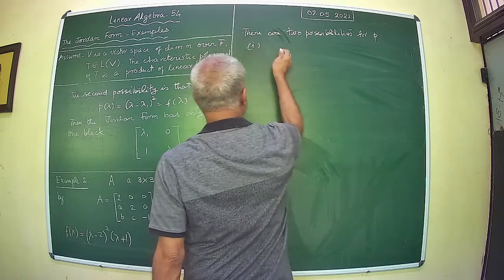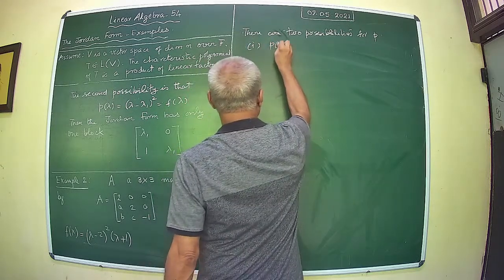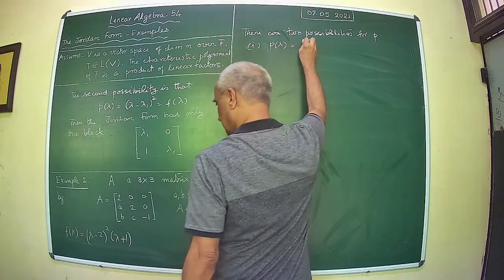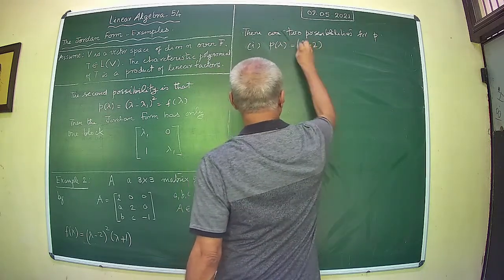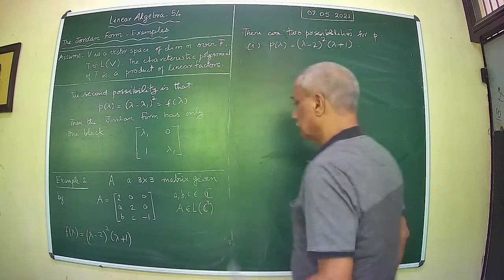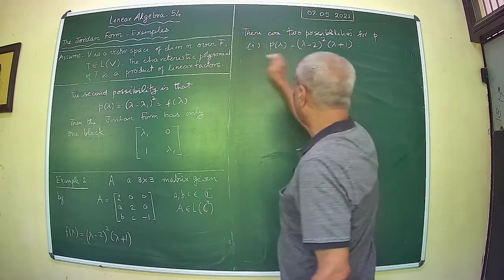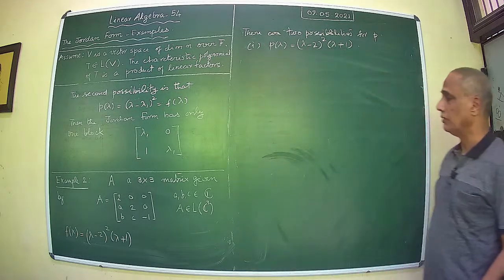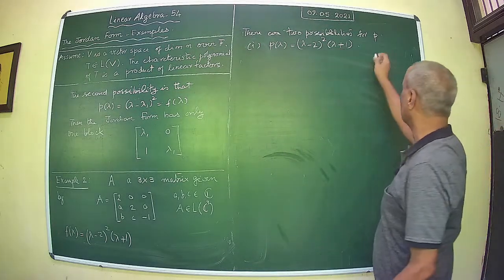First possibility is P lambda equal to lambda minus 2 whole square. In this case, what you have is W1 and W2.